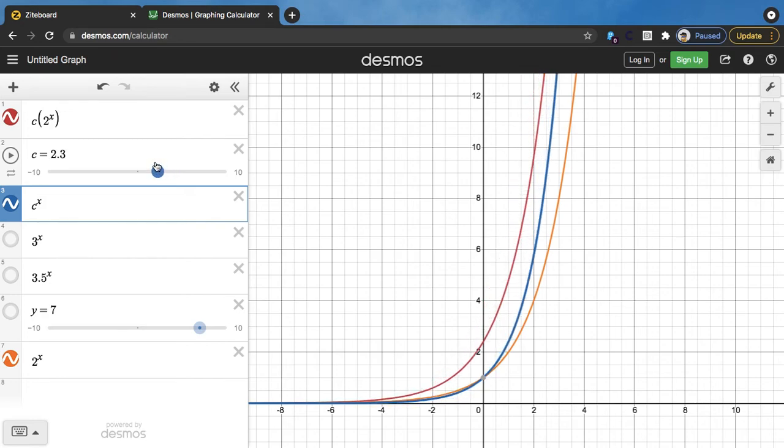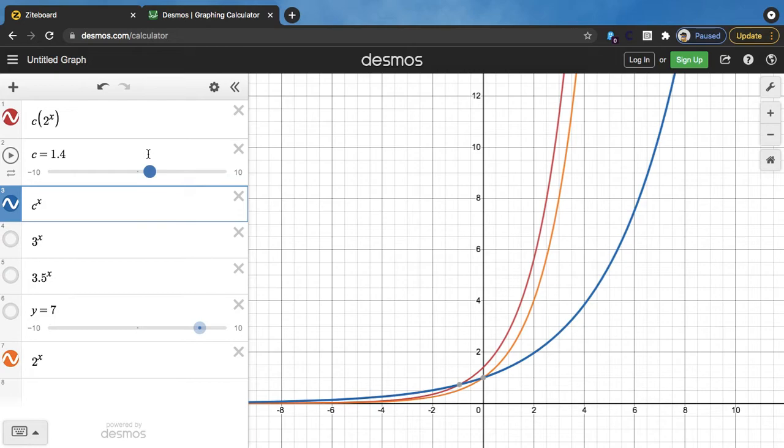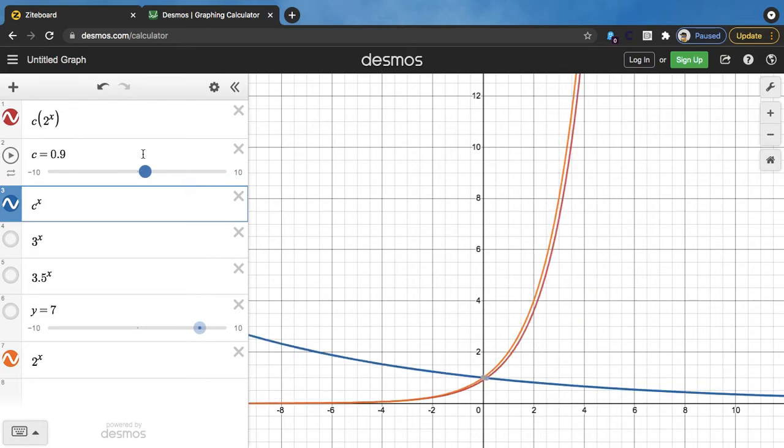They make the graph steeper as long as c is greater than 1. As soon as c becomes less than 1, obviously the graph changes in its form.